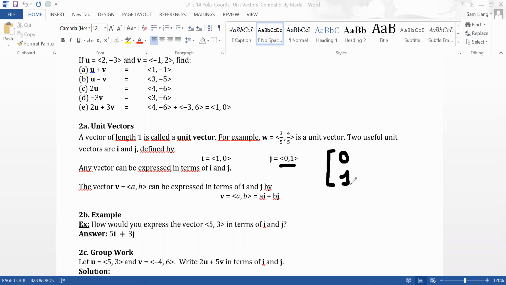So this j vector can be written like that, or you can also use parentheses for 0, 1. The way we're going to look at today is through unit vectors. So technically j is 0i plus 1j. Any vector can be expressed in terms of i and j, as you'll see, by doing ai plus bj. Nothing conceptually profound here, just a matter of notation.